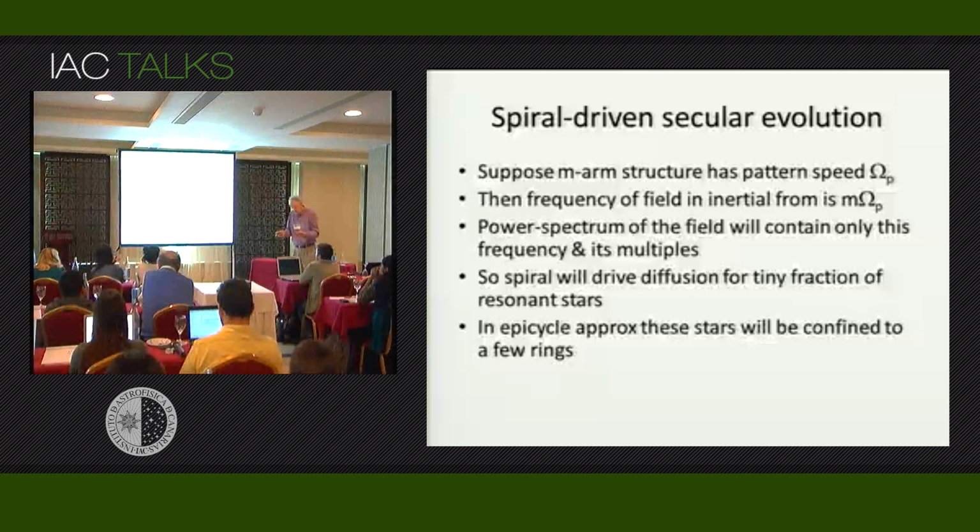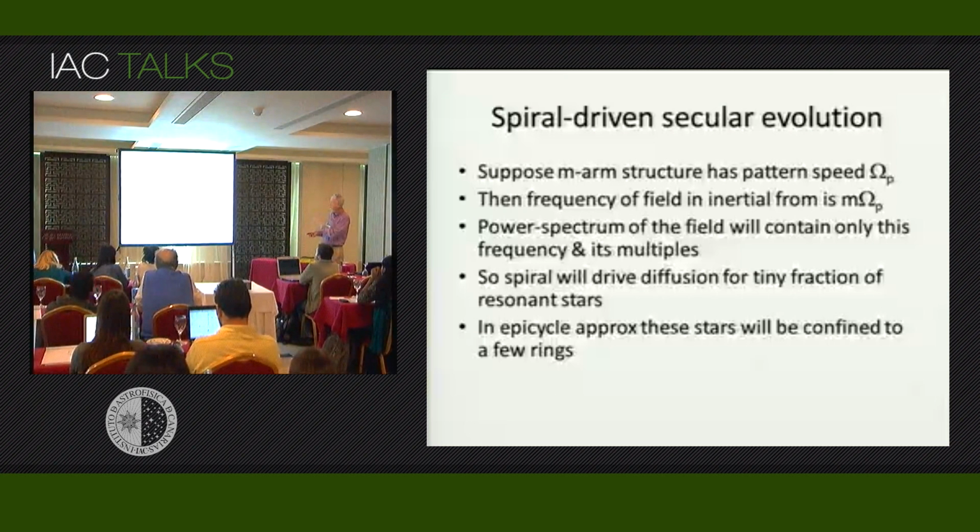So if we have a periodic spiral structure, we ask ourselves, what is the autocorrelation of the gravitational field? We found that the diffusion coefficients depended upon the power spectrum of the fluctuating gravitational field. This fluctuating gravitational field is going to have a power spectrum which is a line at m omega p.